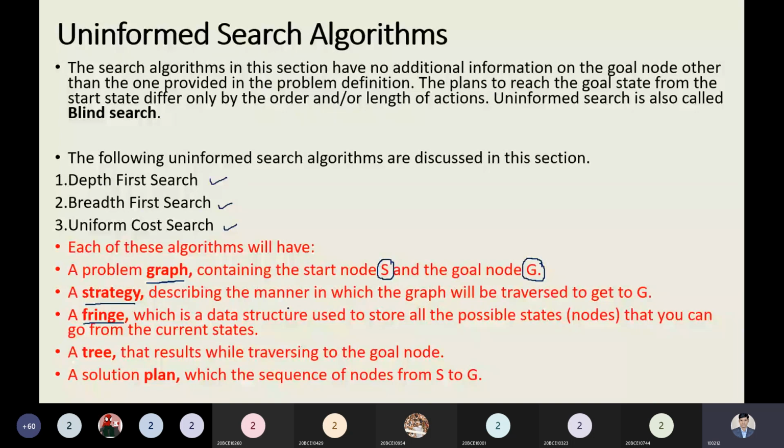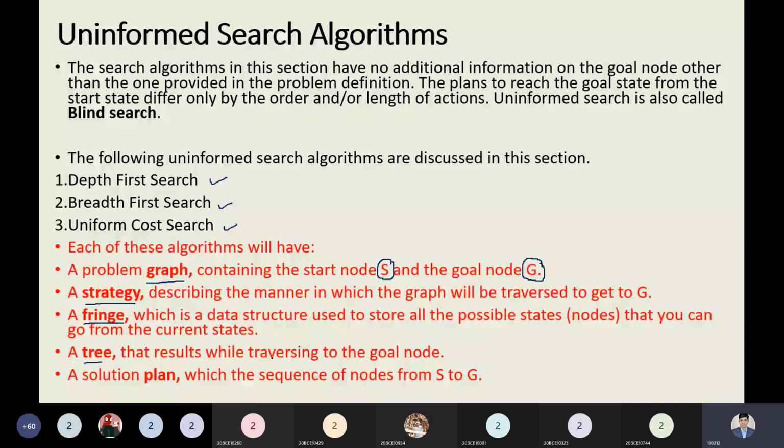Next is a tree. It is the result while traversing to the goal node from the graph, where every node will be traversed, for example the minimum spanning tree. A graph can be transformed into a tree while traversing all the nodes, and a tree cannot have a cycle. So the tree will be the output or result of our traversed nodes.